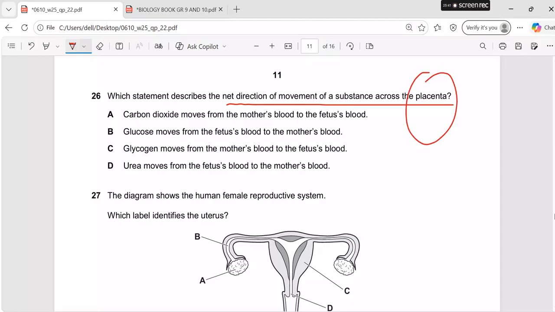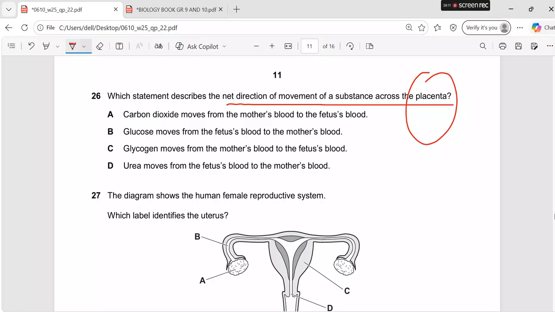The placenta is the attachment of a fetus or an embryo to the uterus of the mother. It is a blood connection between mother and the fetus. So what do you think is the movement of the substances across the placenta?